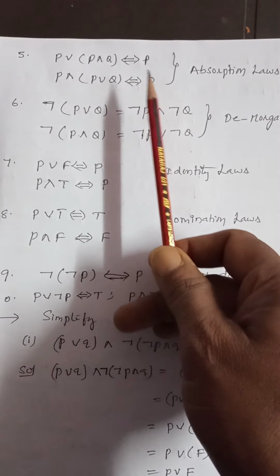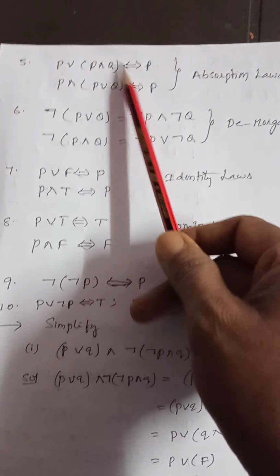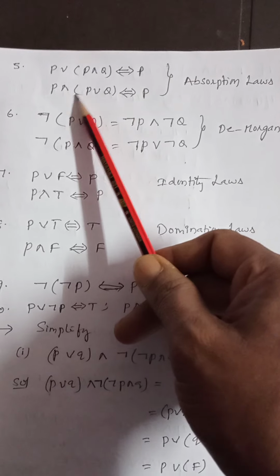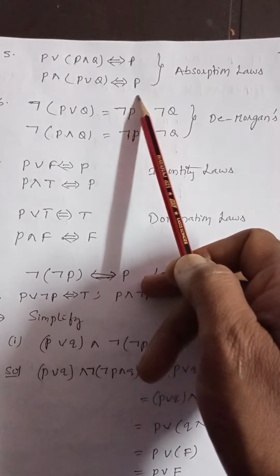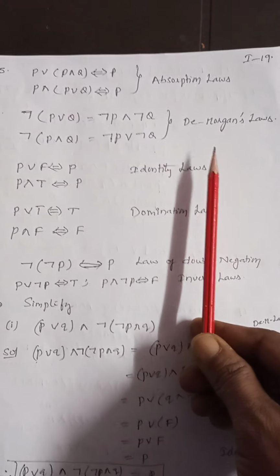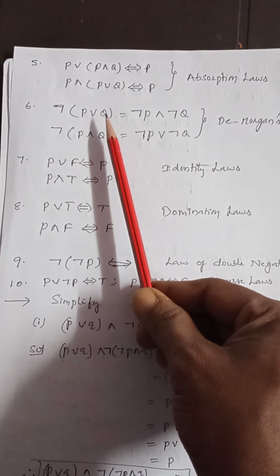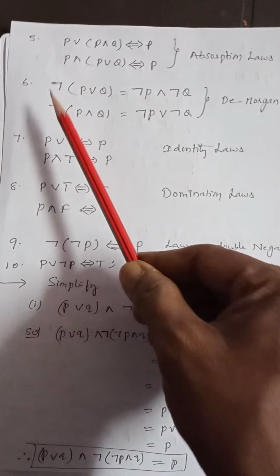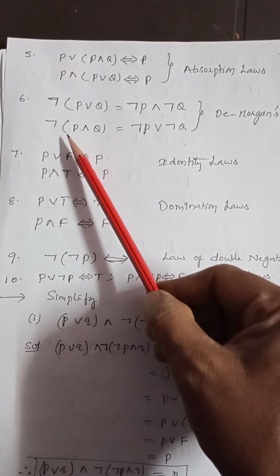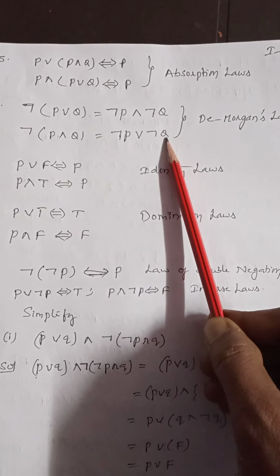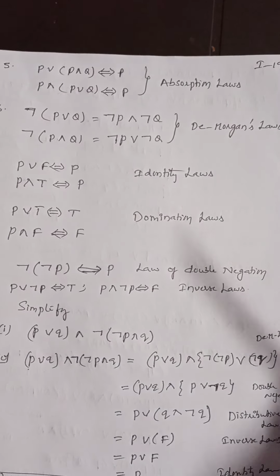You have to remember these laws. Absorption laws: P and Q or P is equal to P. P and P or Q is equal to P. Right? These are called absorption laws. Like De Morgan laws: negation of P or Q is equal to negation P and negation Q. Similarly, negation of P and Q is equal to negation P or negation Q. These are called De Morgan laws.